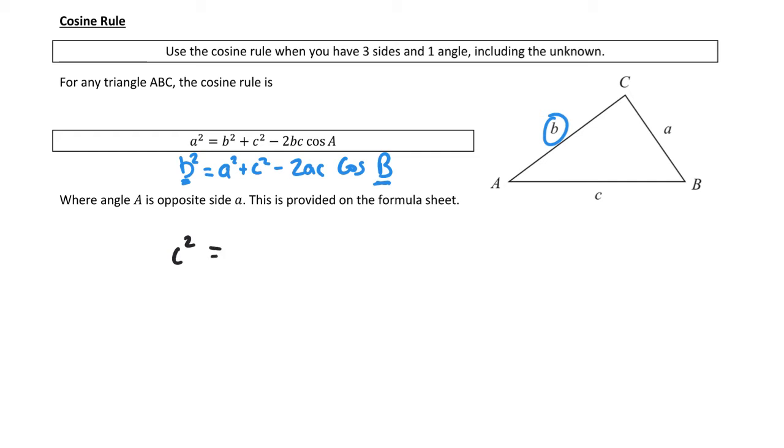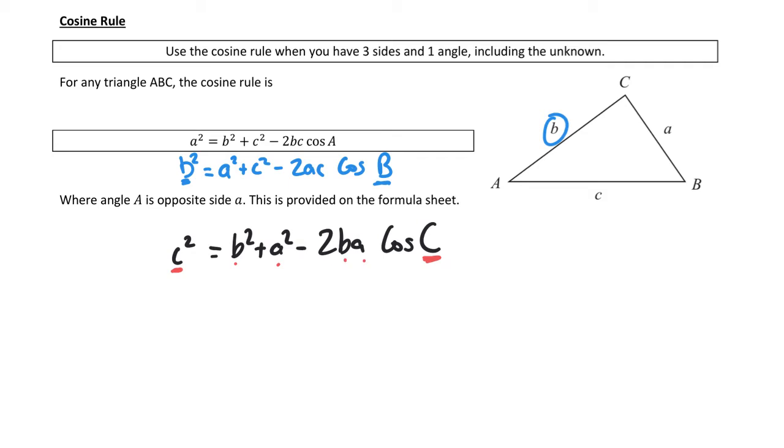So c squared is going to be b squared plus a squared minus 2ba cos C. So again, we've got a C at the start and a C at the end, and then everything else is in terms of the other two letters.